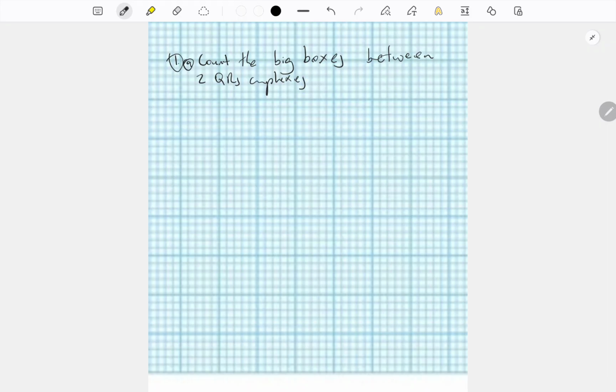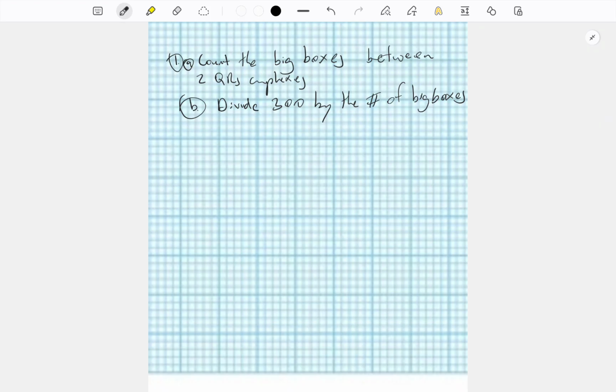So count the big boxes between the peaks of 2 QRS complexes. That would be the first step. And B would be to divide 300 by the number of big boxes. And as we said, we're doing that because 300 boxes is equal to a minute.